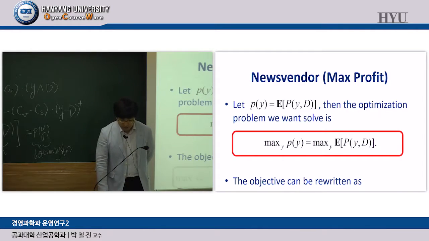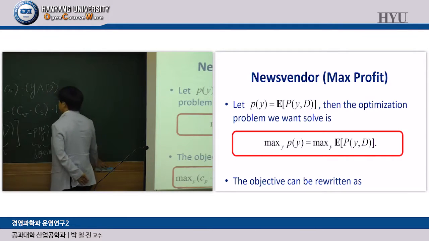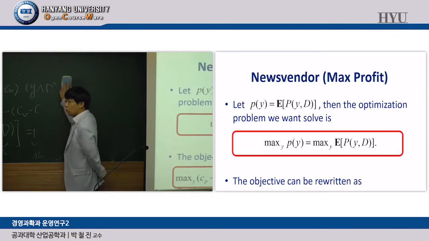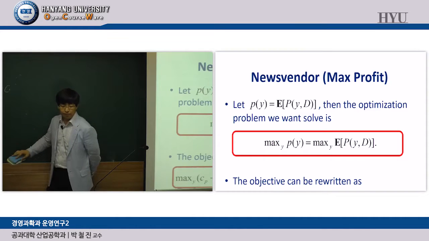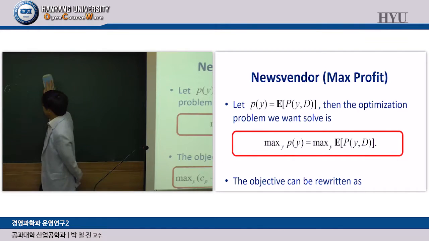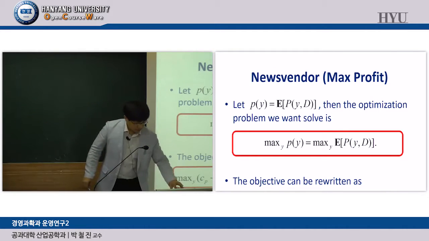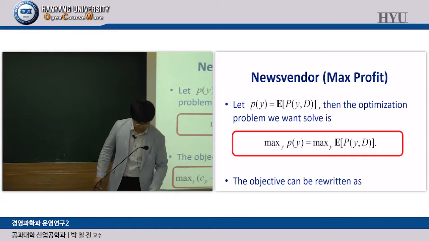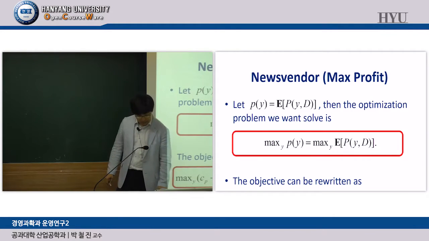So the objective function can be rewritten as, okay. So in the stochastic process course or probability course, you need to be careful every time you rewrite the equation. Okay.